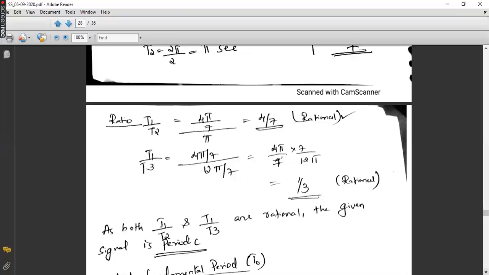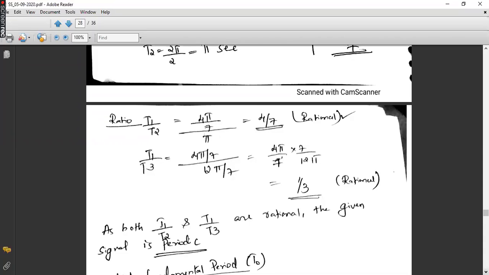If you are asked to find the time period of a given signal, normally it will be in the format of a rational number itself. Don't bother about that. If it is an irrational number, then you are not going to find the fundamental period, because there is no time period for a non-periodic signal.